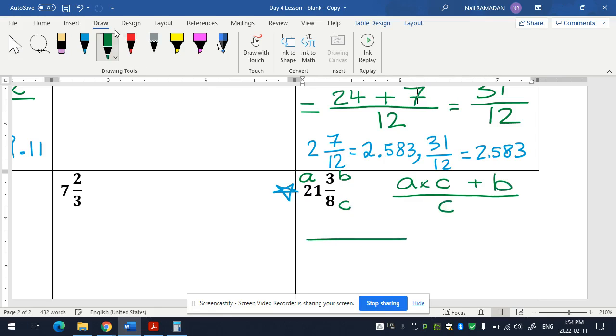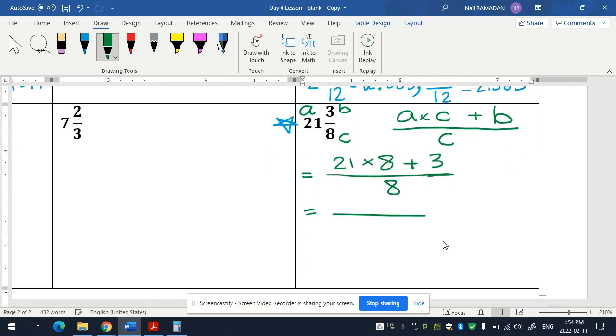I forgot my equal sign. Max got it all the way to the end. So 21 times the C, which is the bottom part, which is 8, plus B, 3. It doesn't get touched until the end of the calculation, over 8.